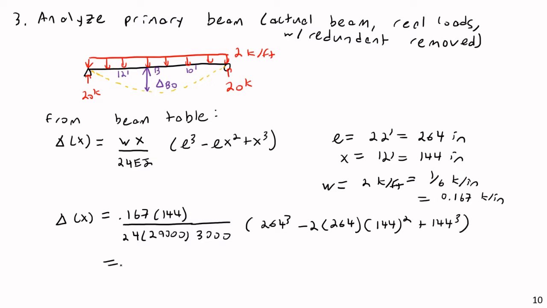And when you calculate all of this, you will find that this equals 1.20 inches. So this is delta at x, or also delta BO.